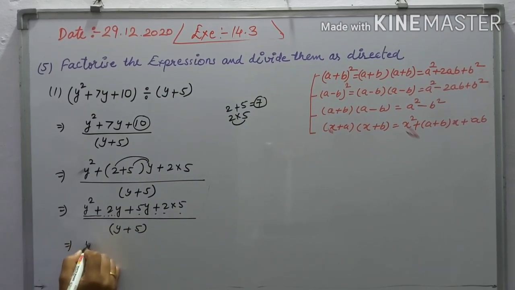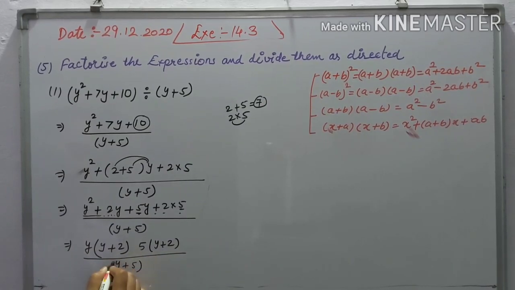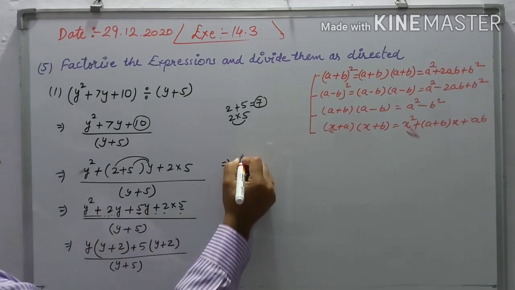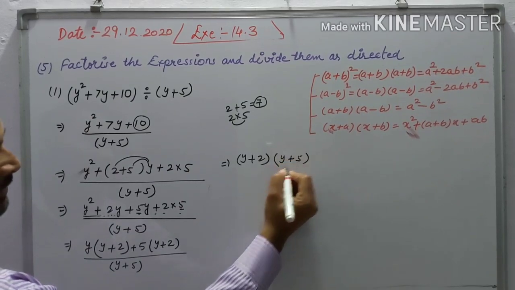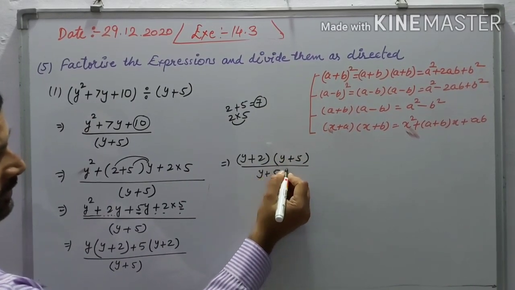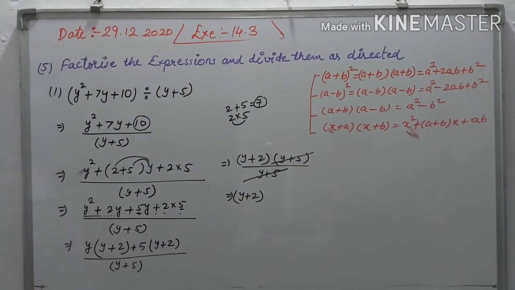In the first 2 terms, y is common, that is y plus 2 only, and in the second terms 5 is common. Okay, so write y plus 2 upon y plus 5. Now next, in the second term put the plus, y plus 2 is common, and the remaining is y plus 5 upon y plus 5. The y plus 5 cancels, then y plus 2 is the remaining answer.